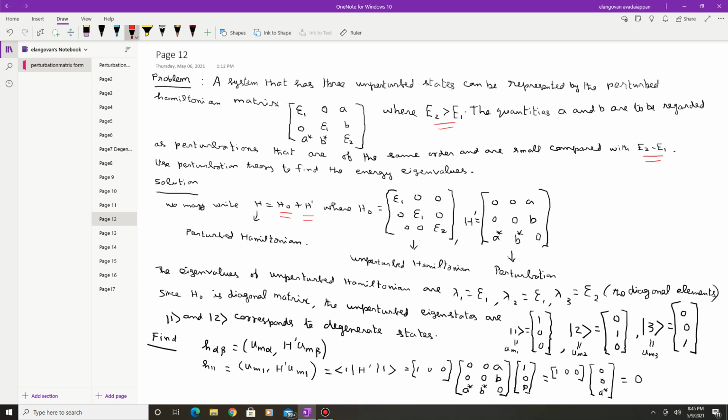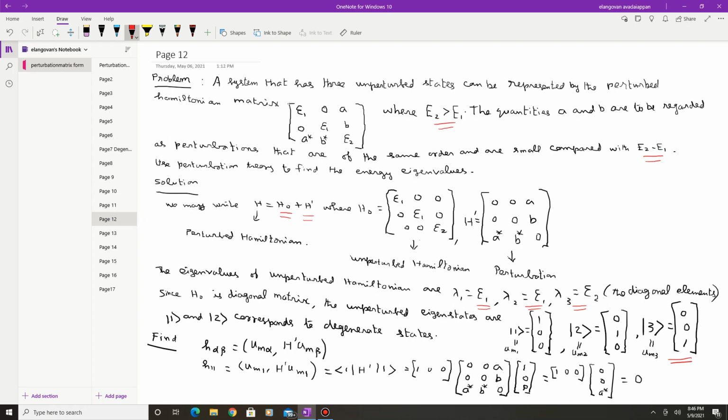So this diagonal matrix problem is easy. The eigenvalues of H0 are the diagonal elements: lambda 1 is equal to E1, this is E1 and E2. So the diagonal elements, and also the unperturbed eigenstates, that is (1 0 0), (0 1 0), (0 0 1). So that can be easily expressed. The unperturbed eigenstates can also be easily written.